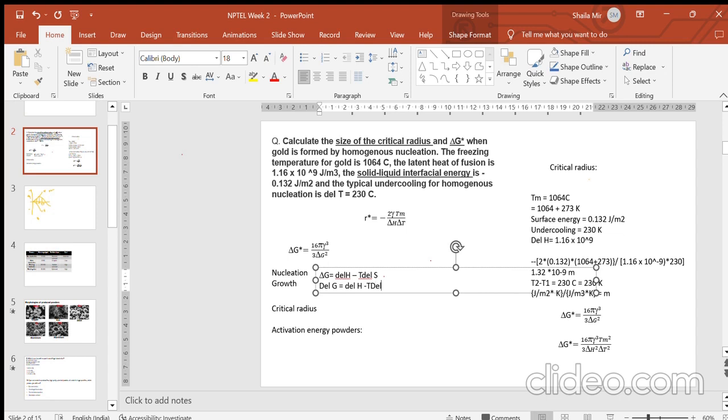So delta S can be written as delta H divided by delta T. Okay, so we will write delta G is equal to delta H times 1 minus T. This T here is the temperature for the melting divided by delta T. This delta T will be the undercooling.